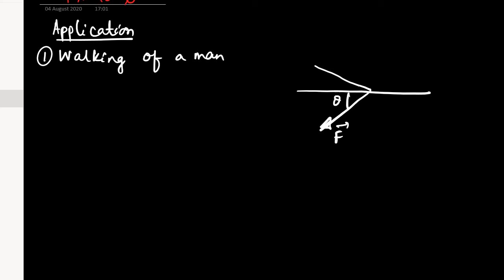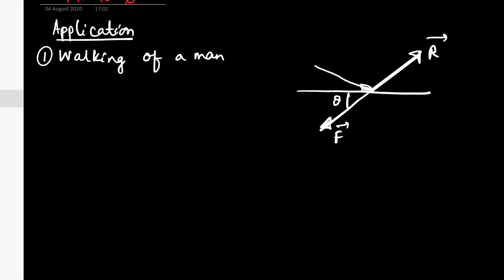Now the ground in reaction exerts an equal and opposite force, which is R. This is the reaction force of the ground, and it is opposite to the force exerted by the foot on the ground. F and R are equal and opposite.